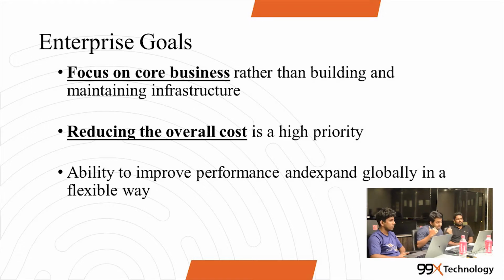But when you actually consider these things, they do not really matter to a particular business. What really matters is the core business. They have to have 100% focus on their core business. And another factor: other than focusing on their core business and making more profit, they have to reduce their overall cost. I think these are quite understandable points.